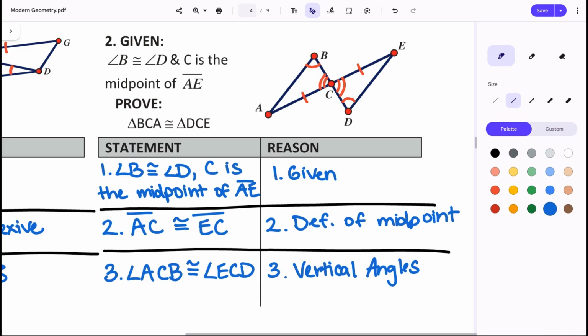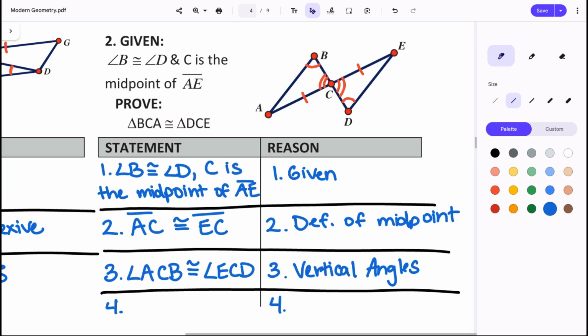Okay, do we have enough now to prove that these triangles are congruent? Do we have one of our 5 tests? If so, which one? What'd you say? Side angle side? I only have one side marked though. Side angle angle or angle angle side is maybe another way that we've talked about that one.